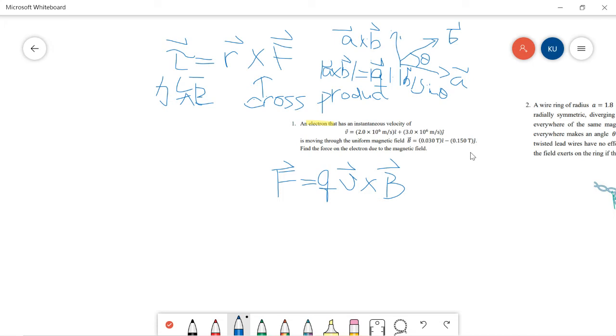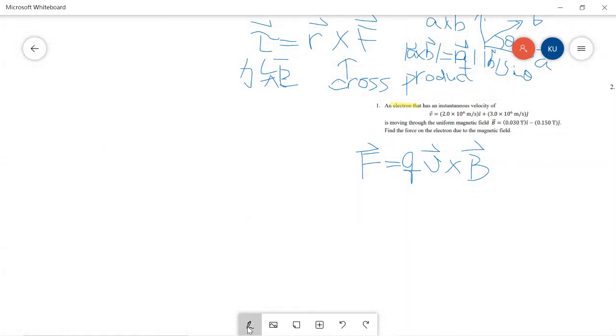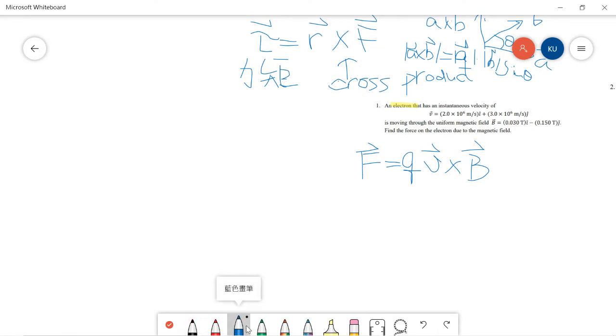So something we need to know is that there are some fundamental operations about the unit vectors. So actually we have 9 combinations.